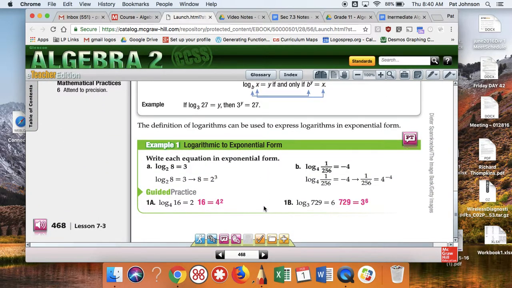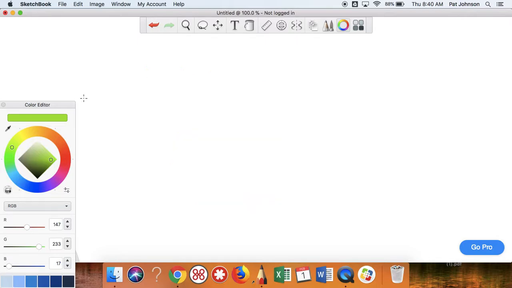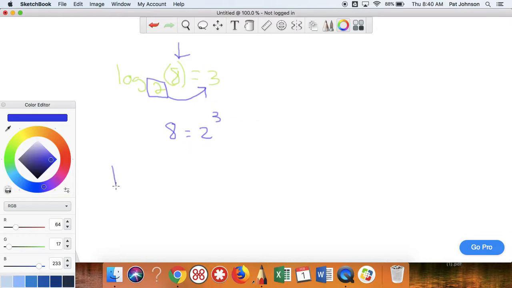They want us to write log base 2 of 8 equals 3 as an exponential function. First of all, I'm going to identify my base. My base is 2. My argument is 8. So this just goes up, and I say 8 equals 2 cubed. Is that a true statement? Yes, it is.